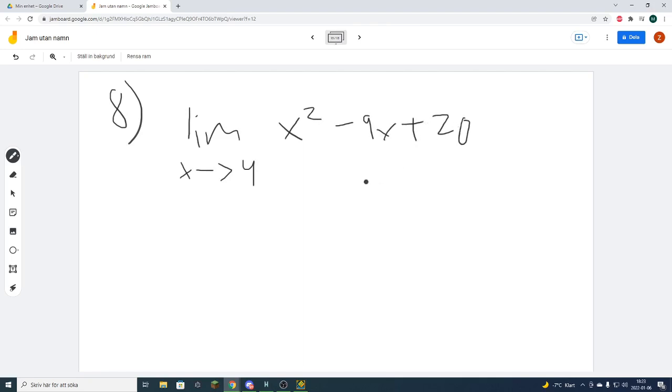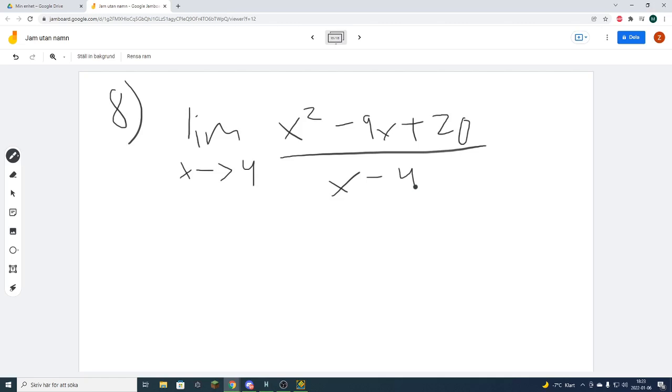Now, we get to question number 8, which is to find the limit. Yeah, we're already doing calculus. The limit as x goes to 4 of x squared minus 9x plus 20 over x minus 4.